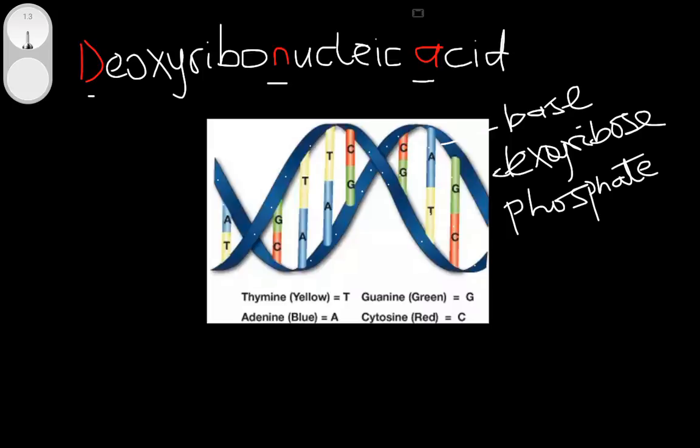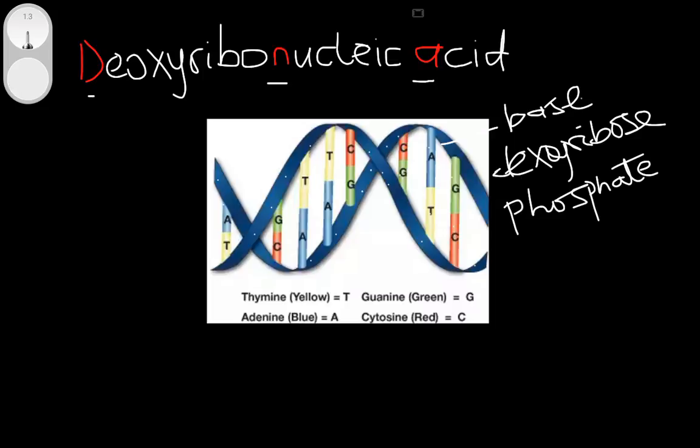Now let's look at a very important part of the DNA, the nucleobase, which I told you is represented in this diagram by these columns. There are two types of bases found in the DNA.